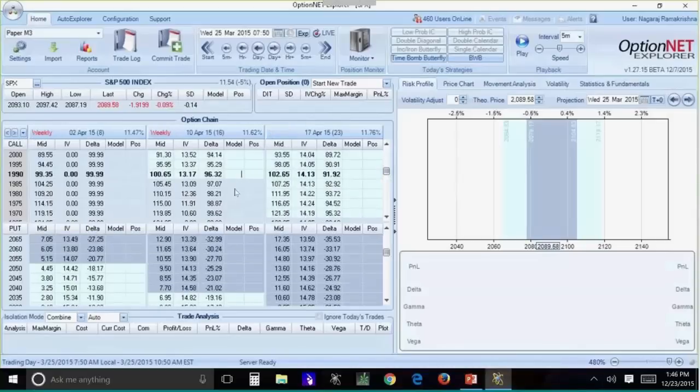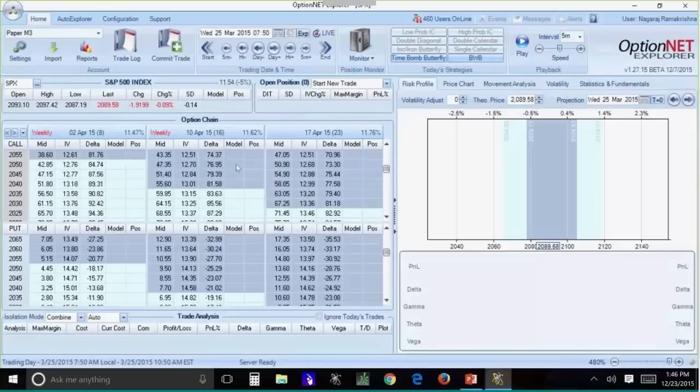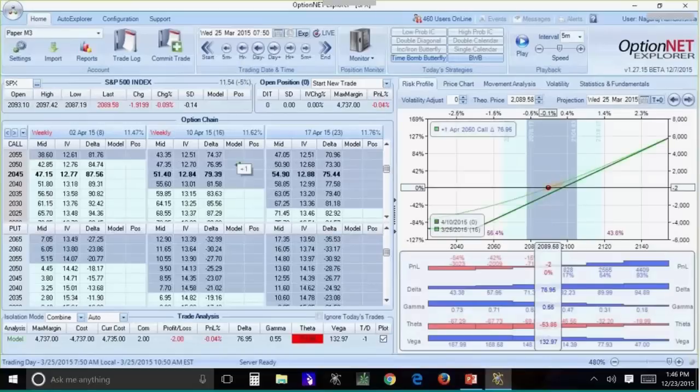Again, I choose a long call that has 80 delta. In this case, it was 2050. The market moved since I entered, but my records show I have it at 2050, so I'm going to stick to that. And I enter 12 butterflies centered at 2070.